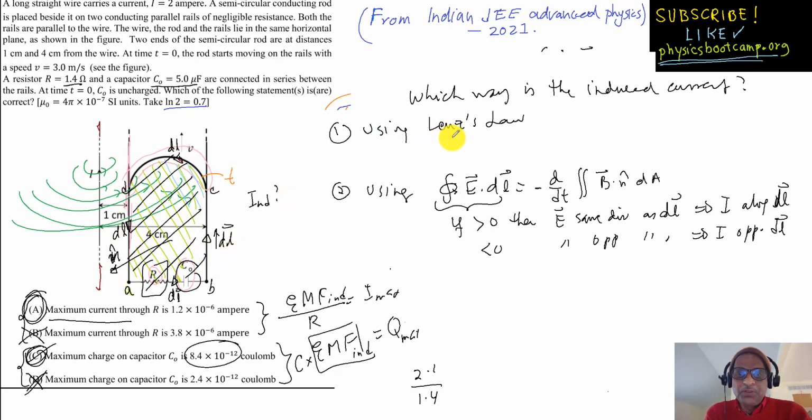Well, of course, you can use Lenz's law. One way to use Lenz's law is to see if the magnetic flux is increasing, right? So this magnetic flux going in is increasing, which means the induced current will produce a field going out.